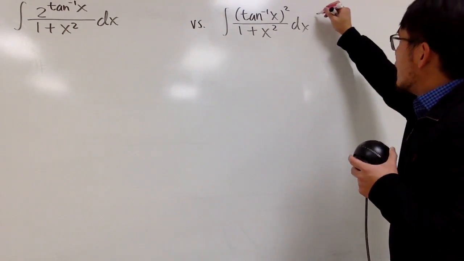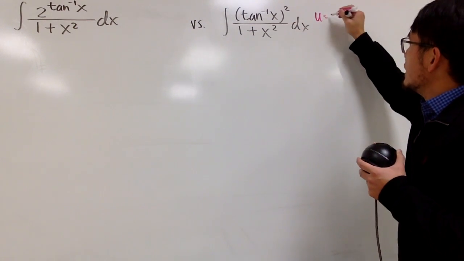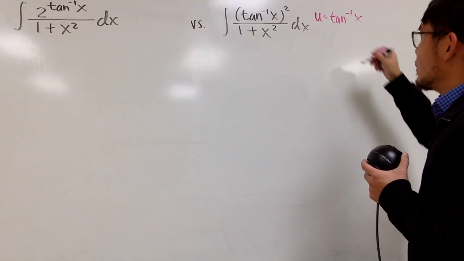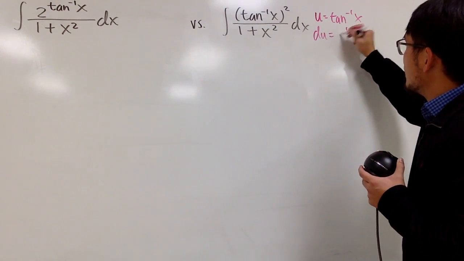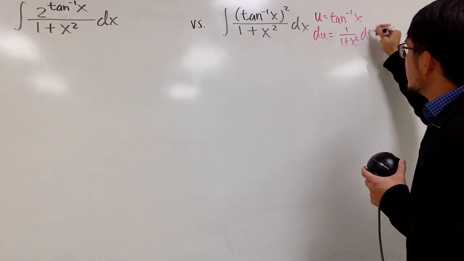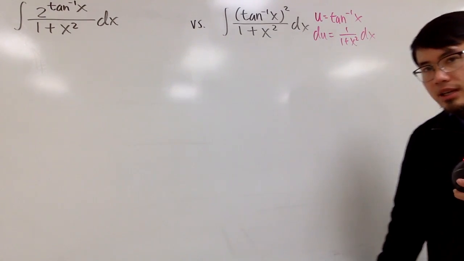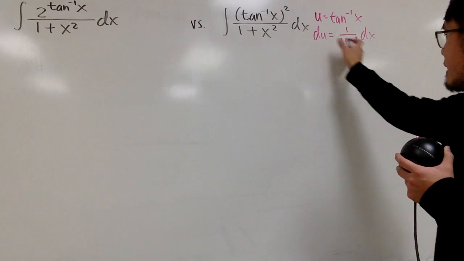So here we go. I will let u equal inverse tangent x. Why? Because it works. Because when you differentiate this, you get 1 over 1 plus x squared dx. And you do have this right here. If you want to see a cancellation, just go ahead and multiply this on both sides.